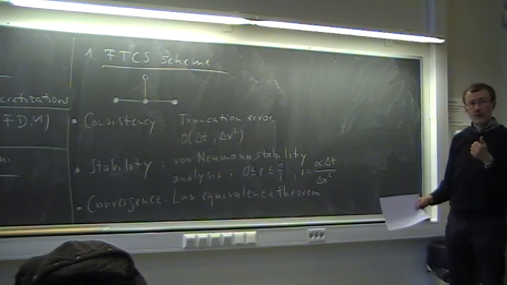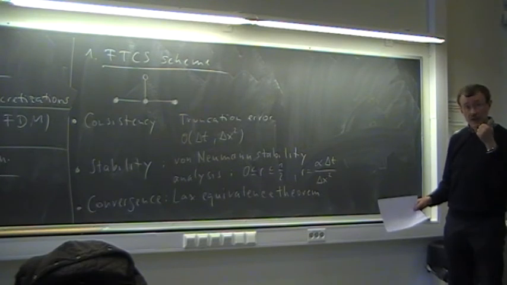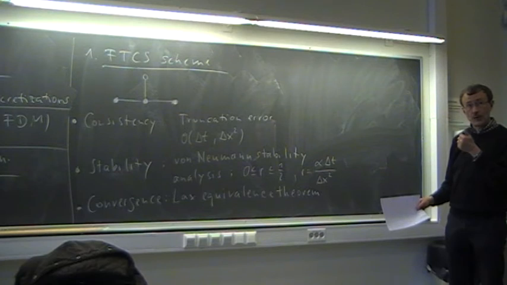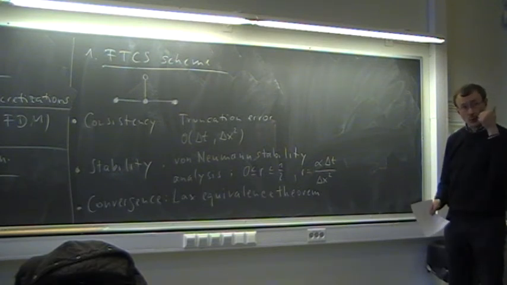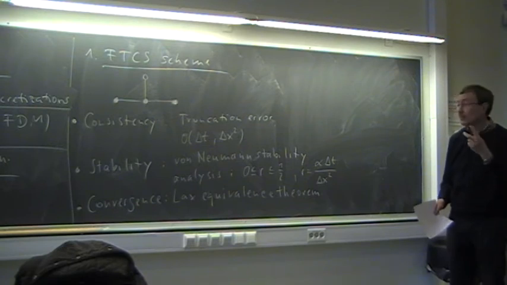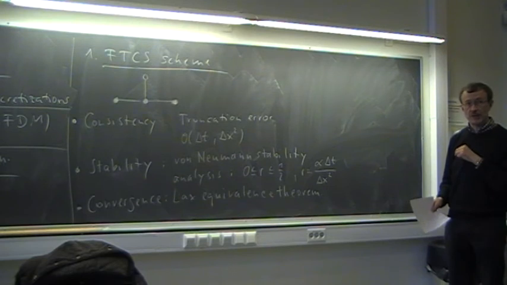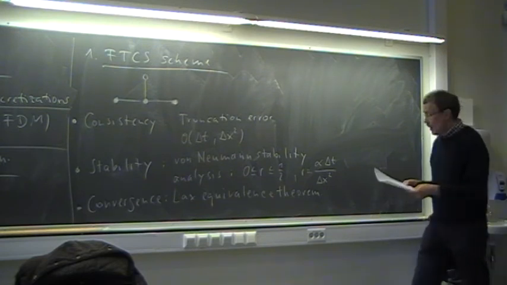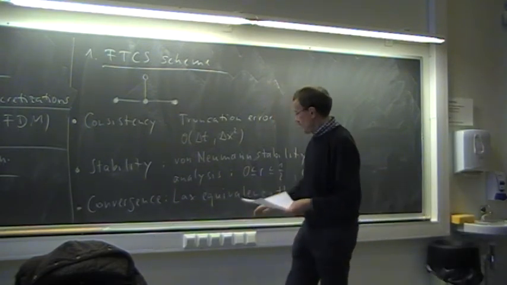If we have shown that the method is consistent, we can still use the Lax equivalence theorem to show that it is not convergent, because when we show that the method is consistent but not stable, then it is not convergent. And we have an example in the test exam on that. So that is important.